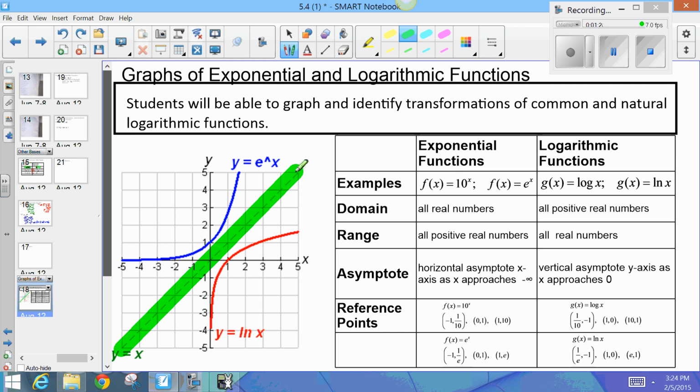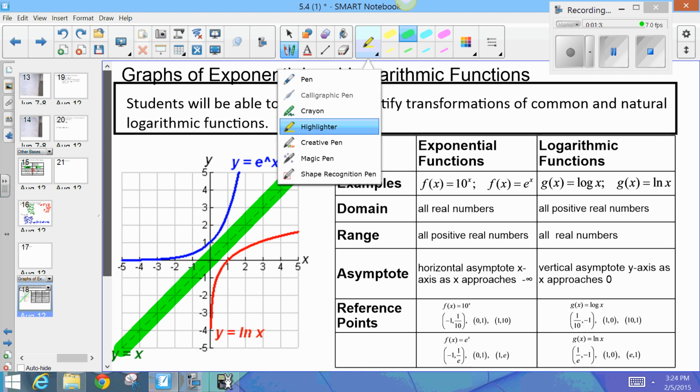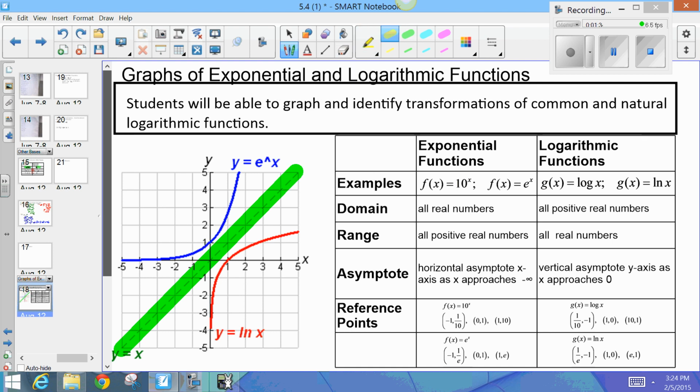The next thing I want to talk about are the asymptotes, okay? So the function that's in blue, y equals e to the x, there is a horizontal asymptote going to negative infinity. So as x gets smaller and smaller, as x goes to the left, y gets closer to 0.